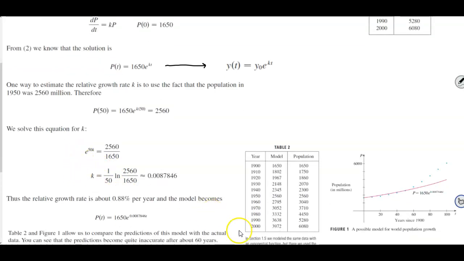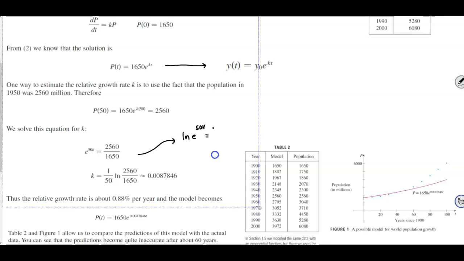Then we take the natural log of both sides. The natural log of e to the 50k equals the natural log of 2,560 divided by 1650. So 50k equals the natural log of 2560 divided by 1650, and dividing both sides by 50, we get 1 over 50 times the natural log of 2560 divided by 1650.